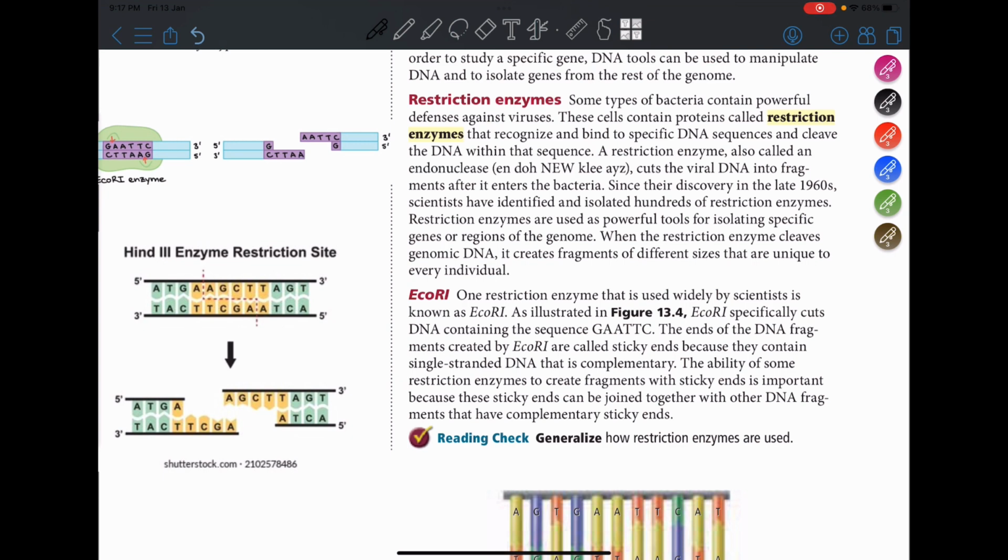Restriction enzymes are used as powerful tools for isolating specific genes. We can use them to isolate a specific gene, for example gene A, gene B, whatever gene we want to study, or we can isolate a whole region of the genome.